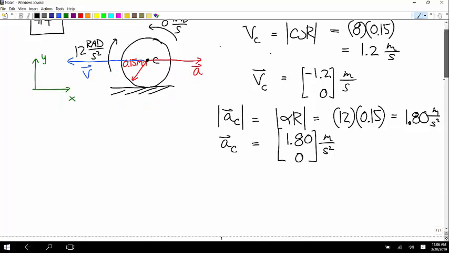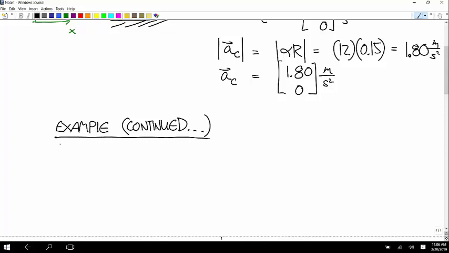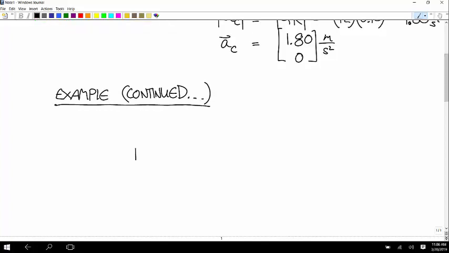All right, so let's go back to the example from last time. So the problem was we had two carts that were in contact.